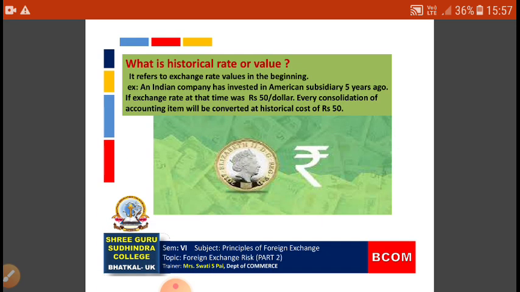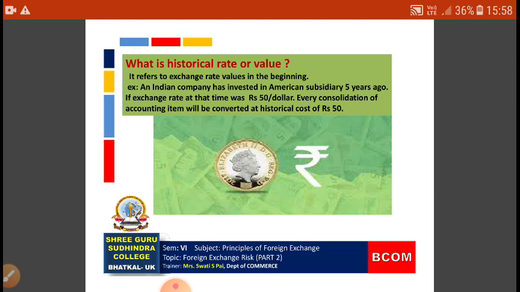Now, as I told you, what do you mean by historical rate or value? It refers to exchange rate values in the beginning. I even gave the example: an Indian company has invested in an American subsidiary 5 years ago.